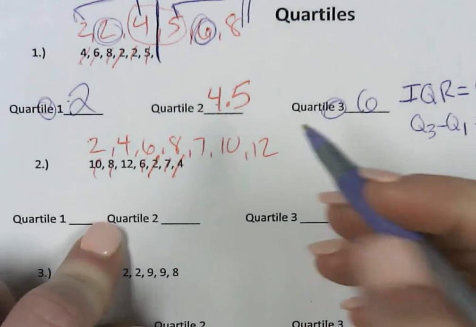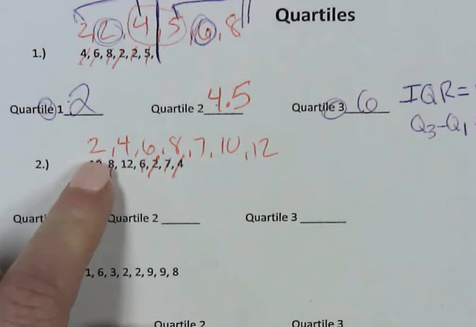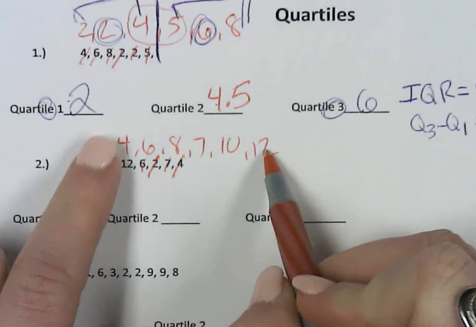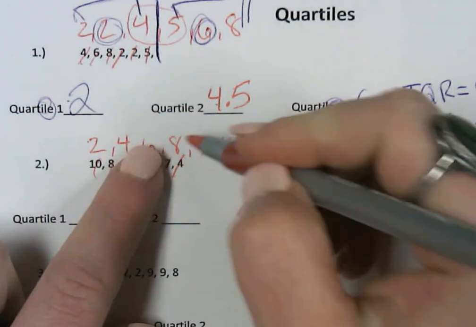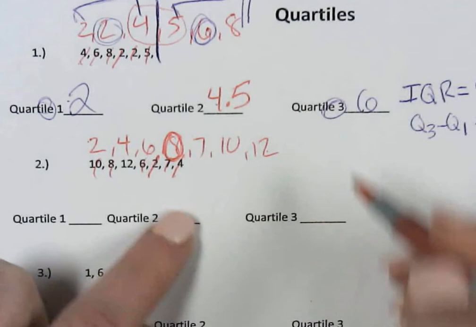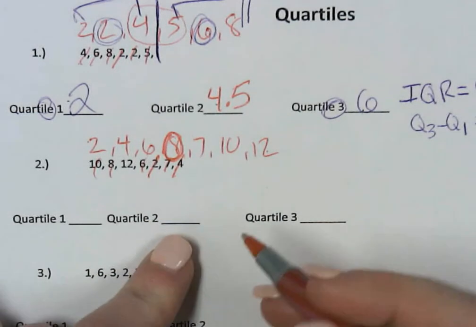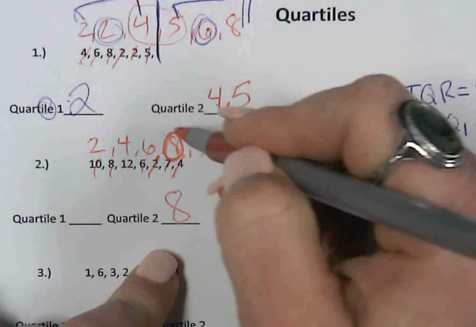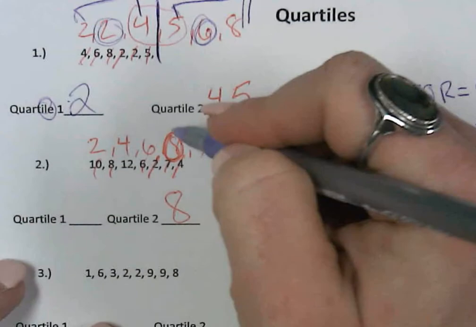Then we're going to find the median. We're good at finding the median. We start at the ends and work our way towards the middle. This one's nice. We only have one middle number. The median, the middle, also known as Q2, is 8. And that split up our data set in half.